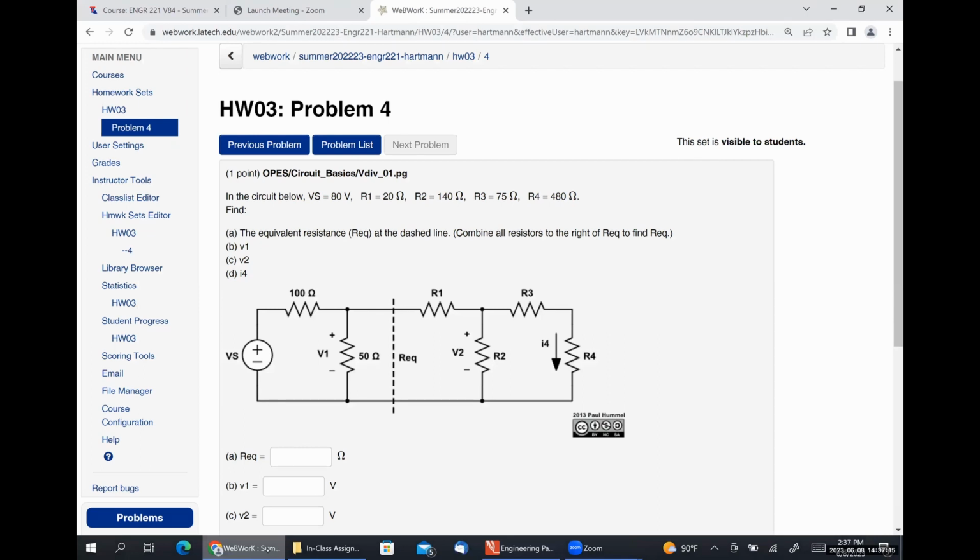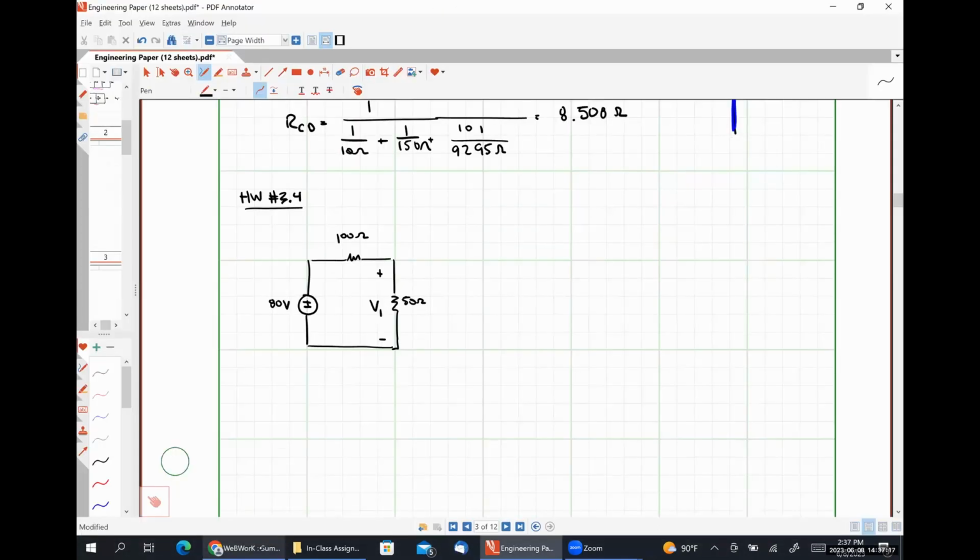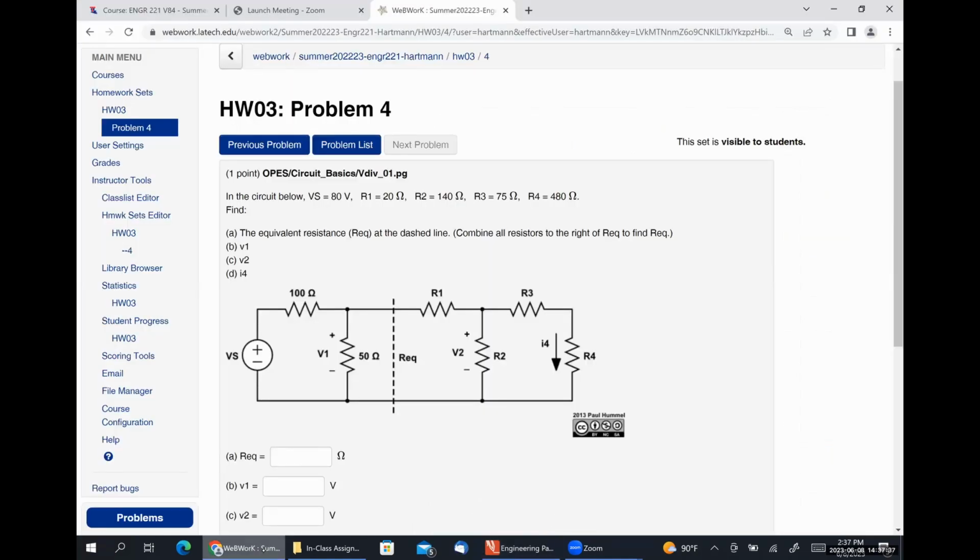Let's see, R1 is 20. And then we have this one right here, which I believe was said to be 140. This is the voltage V2. Then we have R3, which is 75.